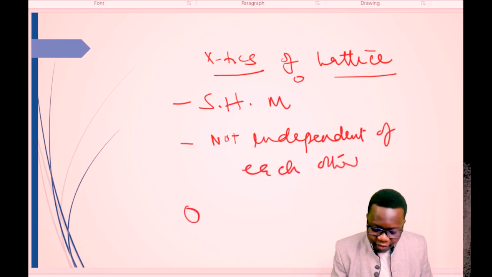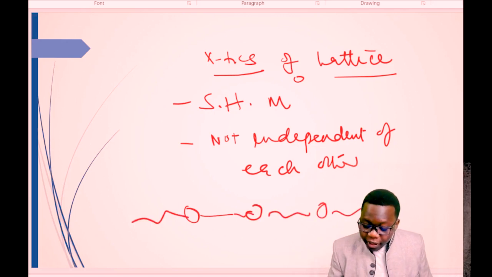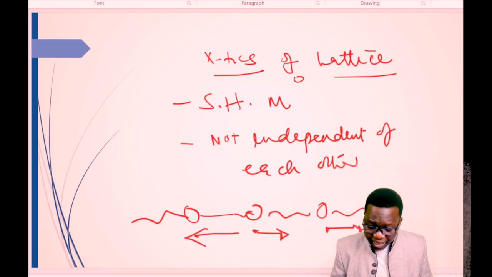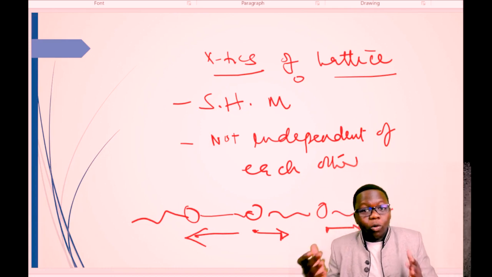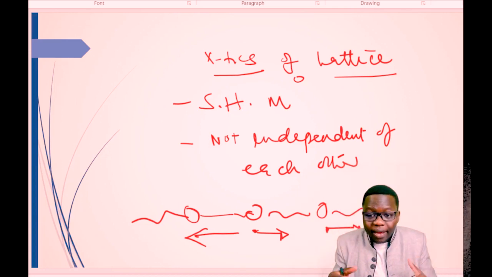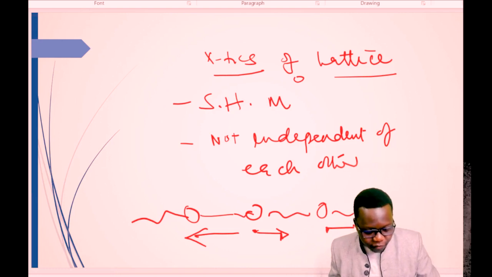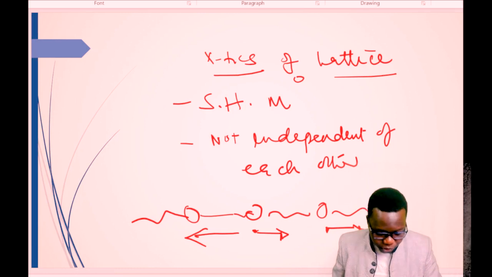If I have these atoms held together and this one is going to move, then at the same time we also expect this one to move. That's what happens. They all move. The motion is for all of them. One can't be moving and the others standing. That's what happens with this kind of lattice we're looking at, the lattice vibration.